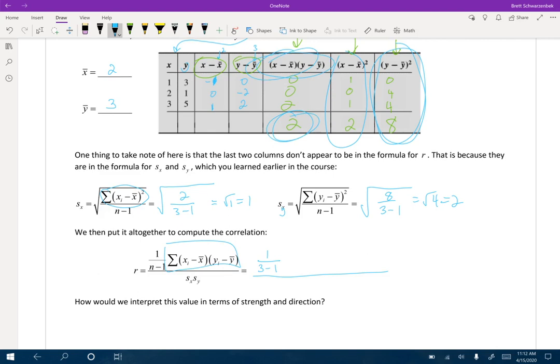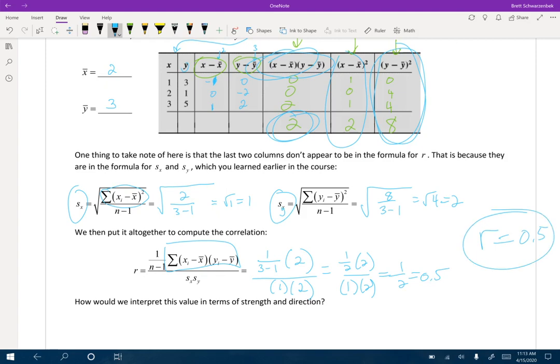So we're going to multiply by 2, over sx times sy, which is 1 times 2. Okay, what does that look like? Well, let me just shrink this. So 1 over 3 minus 1 is, of course, a half. So we're doing a half of 2 over 1 times 2. That's going to give us 1/2, which is equal to 0.5. So we would say that our correlation is positive 0.5.